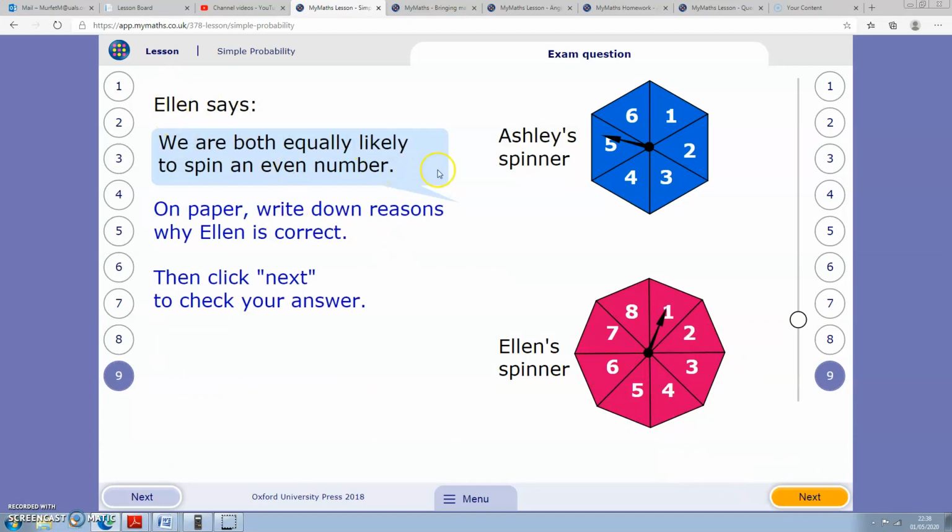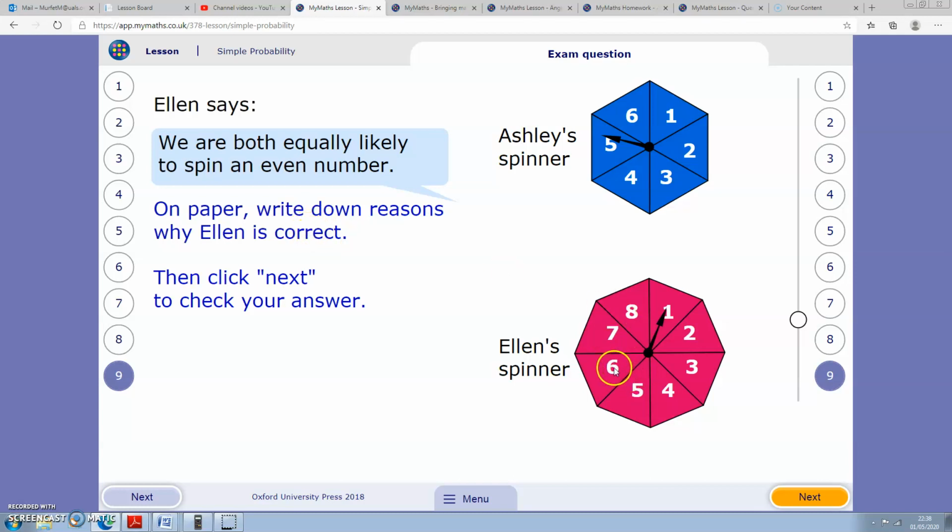Okay. We are both equally likely to spin an even number. So let's think about the even numbers on this one. 2, 4, 6. I've got 3 out of 6 numbers. 3 out of 6, which if I simplify is going to be a half. So half the time I'm going to get an even number.